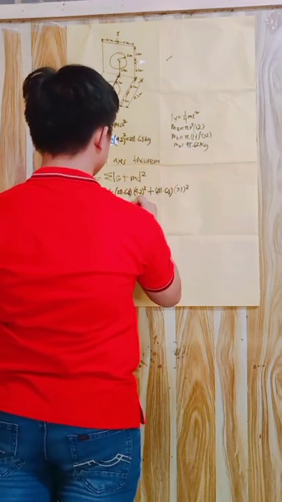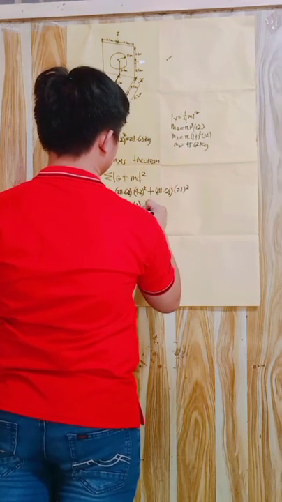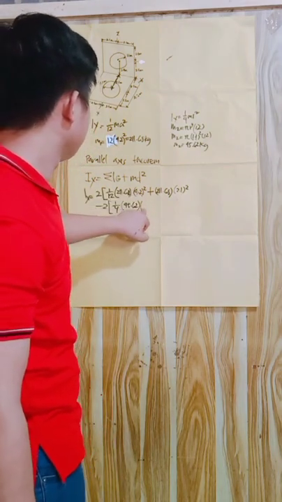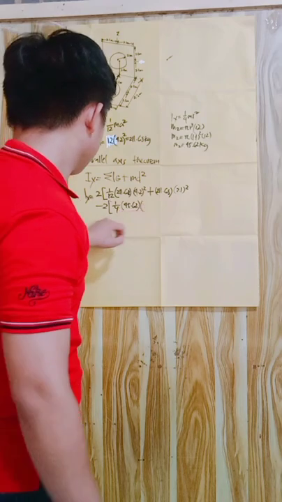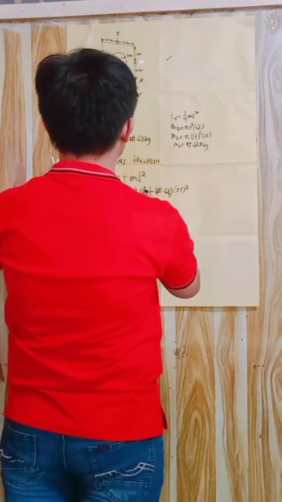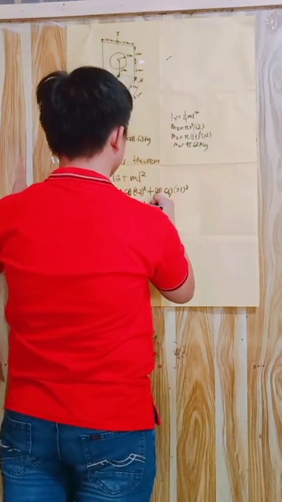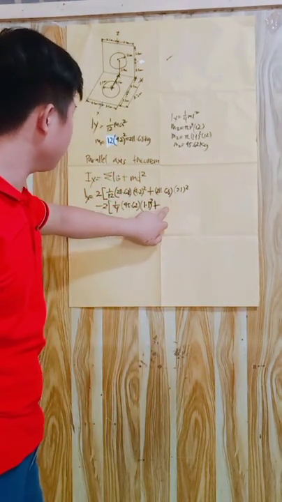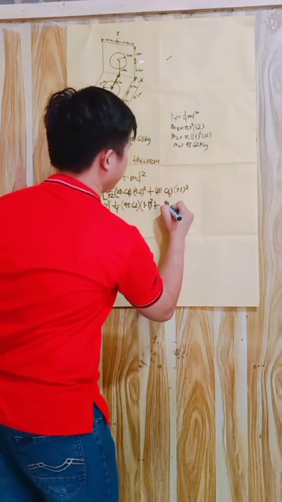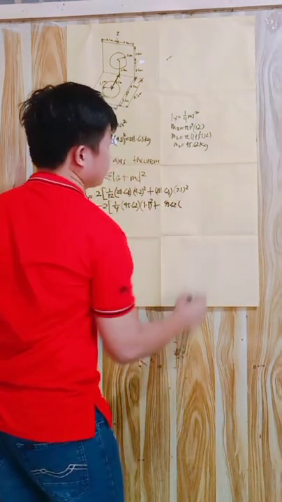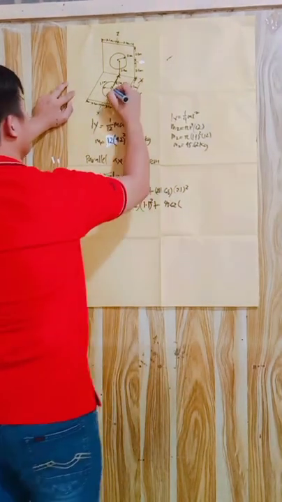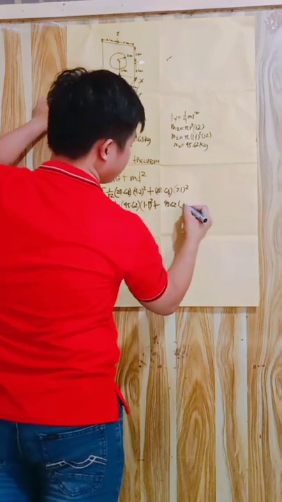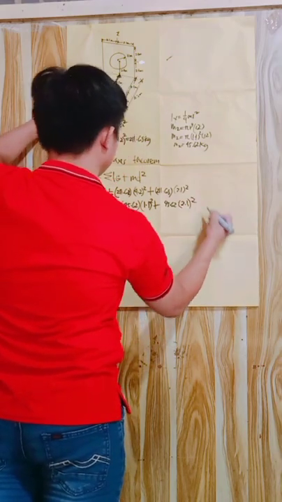Mass is 45.62 times the radius, 1.1 squared, plus 45.62 times the distance of the centroid to the y-axis, which is equal to 2.1 squared.